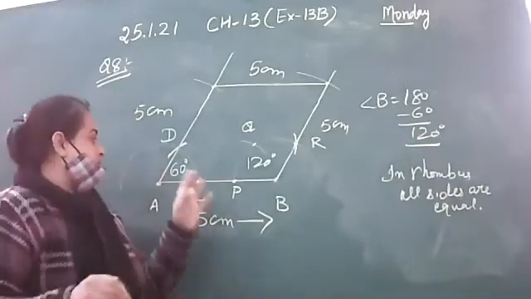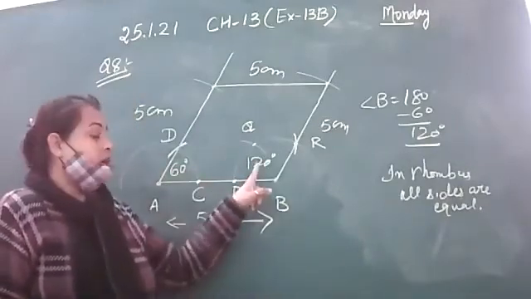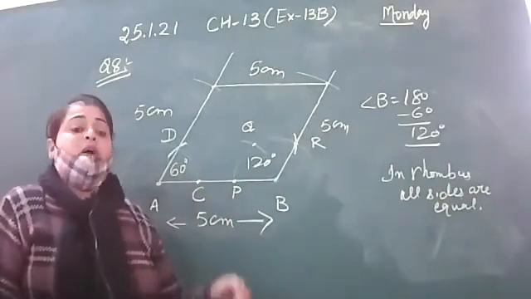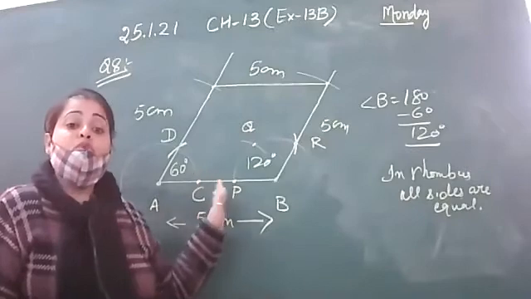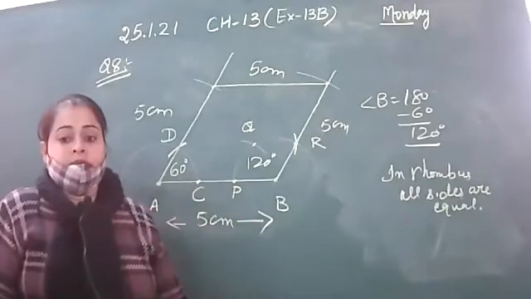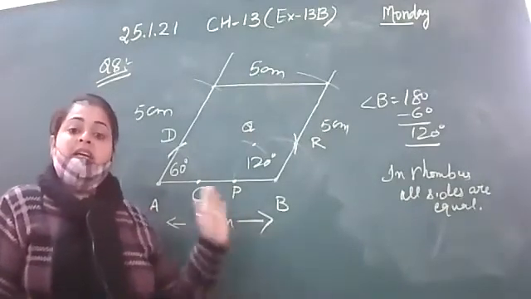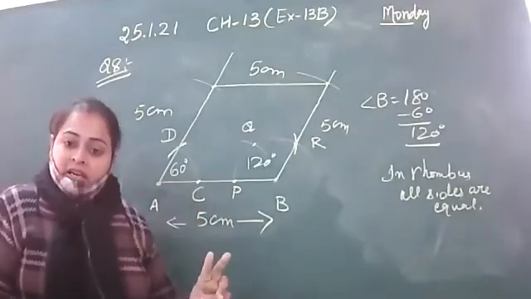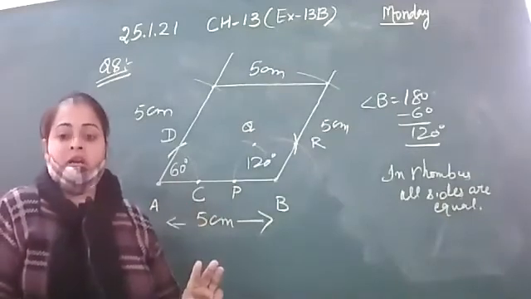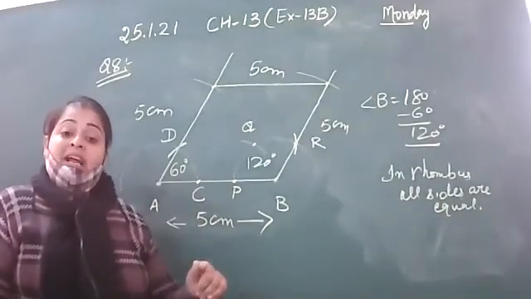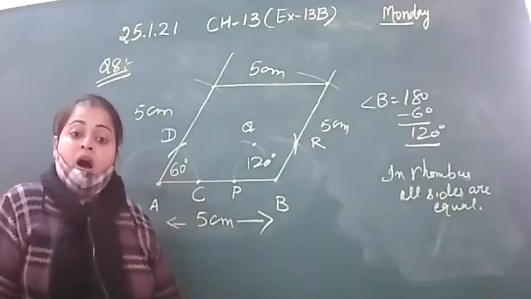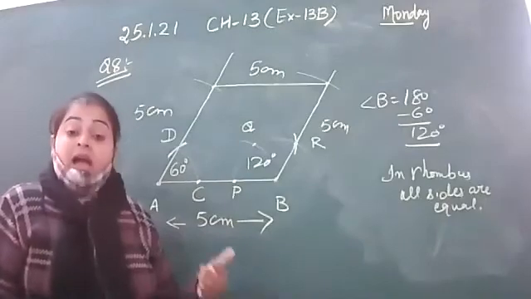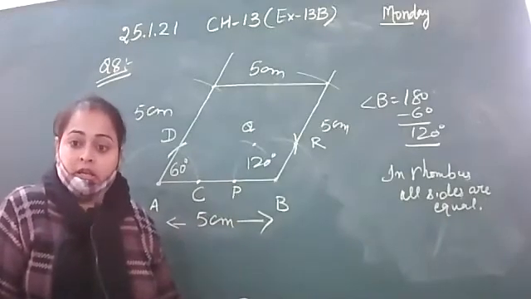Students, if you know how to make a 60 degree angle, a 120 degree angle, a 90 degree angle, then in these sums you will face no problem, because these sums are based on 60 degree, 90 degree and 120 degree. Fine.